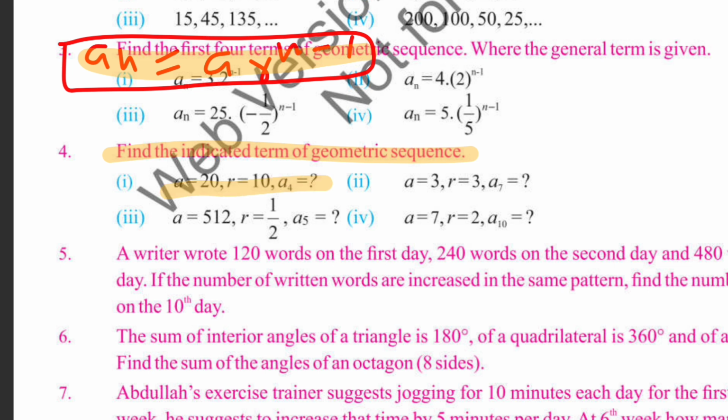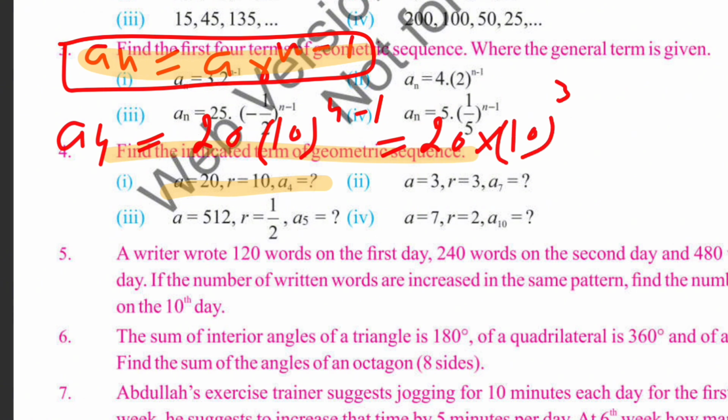And the first part here is A4, we write here A4, n is 4 and a is given as 20, r is also given as 10, and n is 4 minus 1, is equal to 20 multiply 10 raised to the power 3, and 20 multiply 1000, and the answer is 20,000 here.